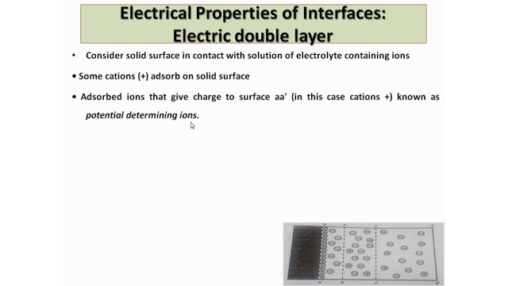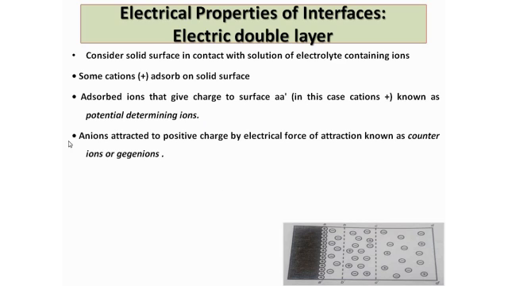I repeat, the charged particles at the A prime are known as the potential determining ions. Now the ions attracted to the positive charge by the electrical forces, which are shown by the B prime, are known as the counter ions or the Gouy ions, as we have already discussed in the previous slide.